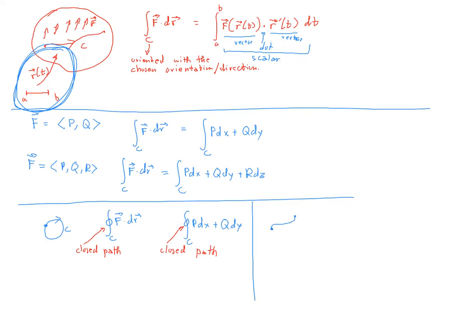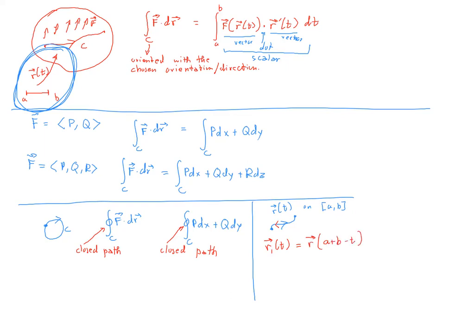So if you have a path that is traversed, let's say this way, and is given by a parameterization r of t on [a, b], if all of a sudden now you want to traverse it the opposite way, then what you can define is another parameterization r1 of t, which is equal to r of a plus b minus t.